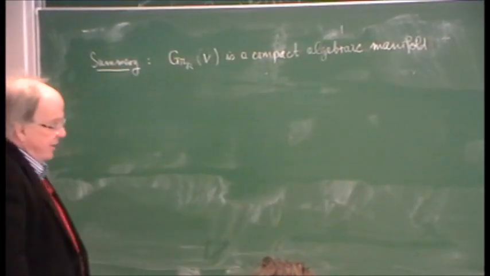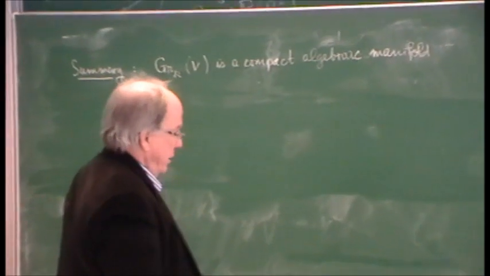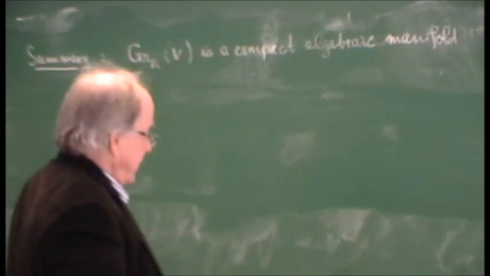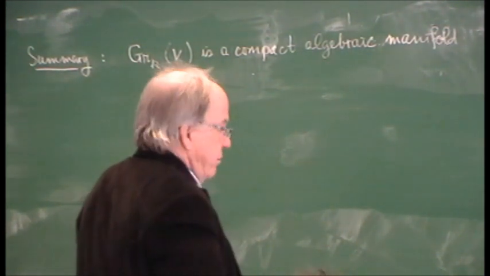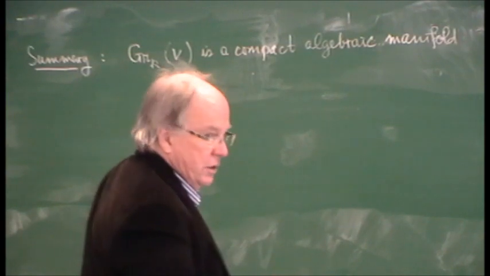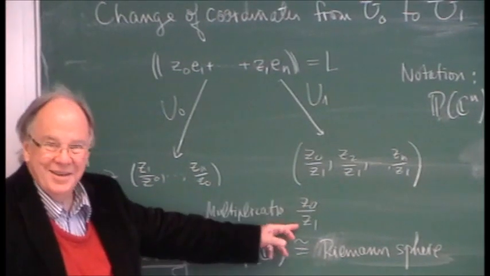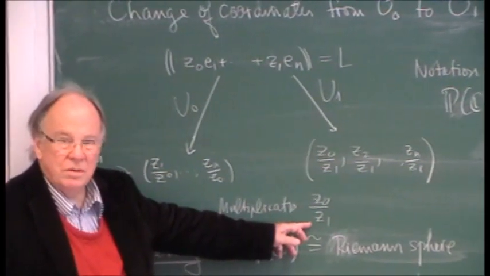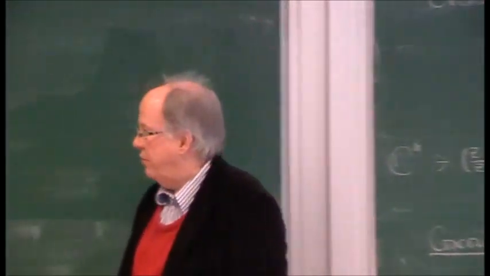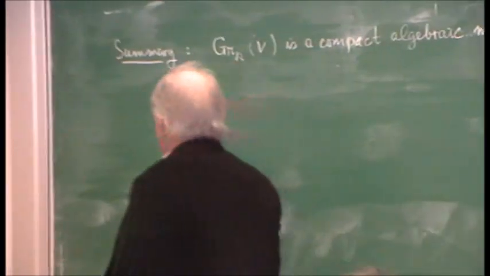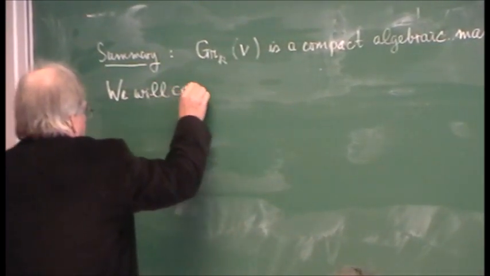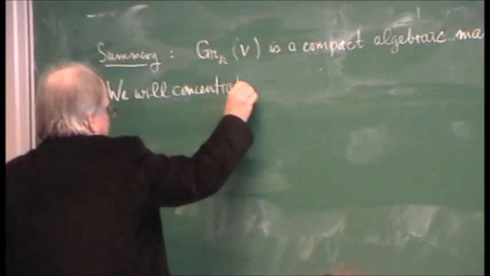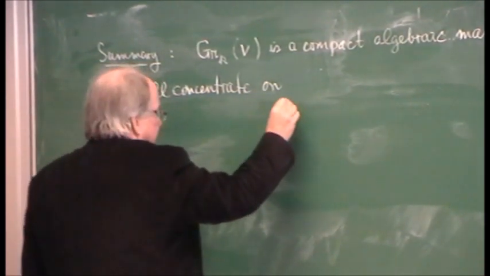This means its charts are the complement of sets defined by algebraic equations, so they're big charts, and the coordinate change is given by algebraic functions. Here the coordinate change is given by a simple rational function. These are the best manifolds you can think of. We will concentrate on projective manifolds.